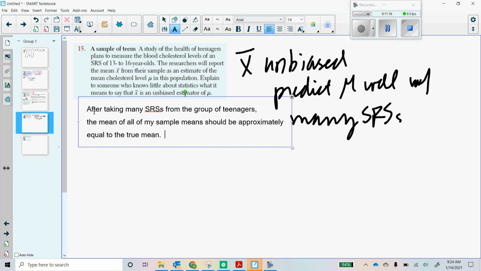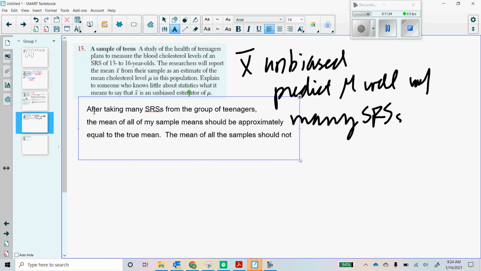Or another way your book said it is that the mean of all the samples should not consistently under or overestimate the true mean. So if it's unbiased, I don't even have to say the mean of all the samples. I should just say each sample mean shouldn't consistently under or overestimate the true mean.